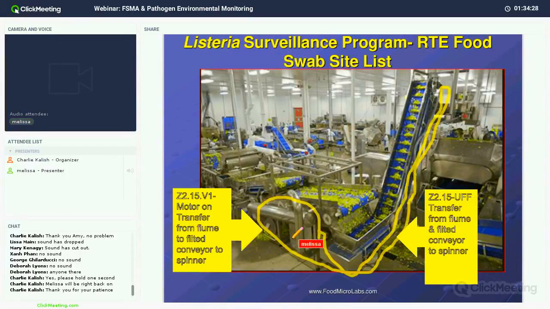If we got a positive on that, we may actually go back and vector. We're going to do Z2.15.V1, vector 1, which is going to be the motor on the transfer from the flume to the flighted conveyor. So my vector sample is going to be this. And then I'm going to do another vector sample of these footings underneath this incline transfer from the flume.